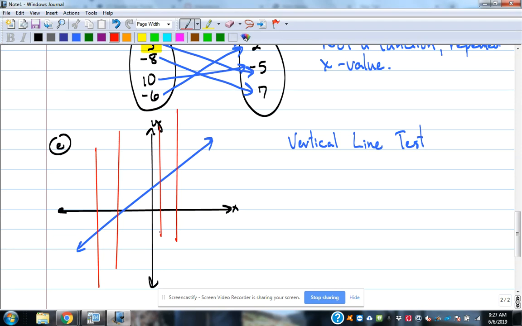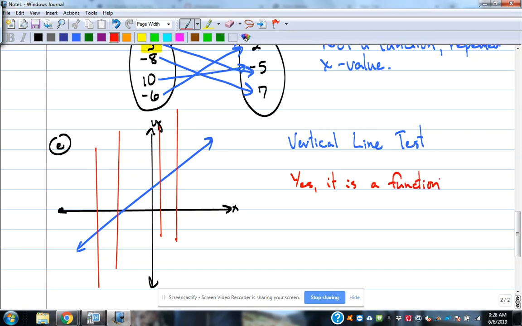Okay, so that means that x's aren't repeating. I'm trying that at any place that I can to see if I can make it touch twice. If I'm dropping a perfectly vertical line, it's not going to touch twice at any point. So this one passes, and it is a function because it only touches one time. So yes, it is a function.